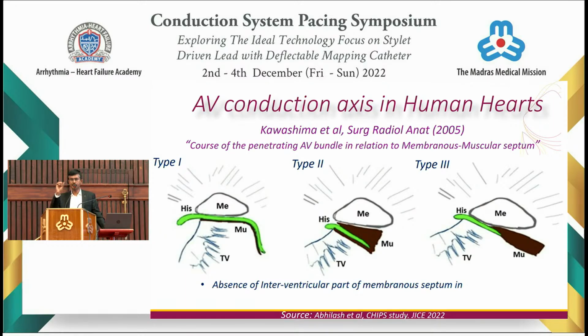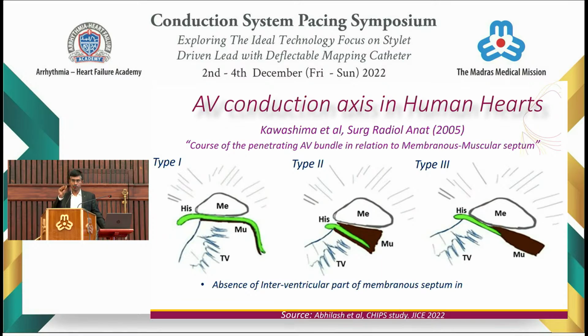So it is the junction of the membranous and muscular septum where this His bundle traverses. It is surrounded by a thin wall of atrial myocardium in 46%, but then a significant portion, up to 28% of the patients, where it is surrounded very thickly by the muscular septum. Again, the important thing to note here is, even if it is very thickly surrounded by the muscular septum, at the point when it starts penetrating the muscular septum, it is close to the junction of the membranous and muscular septum.